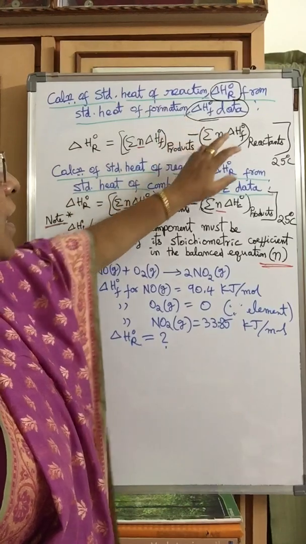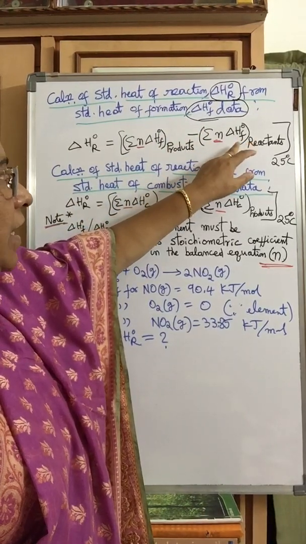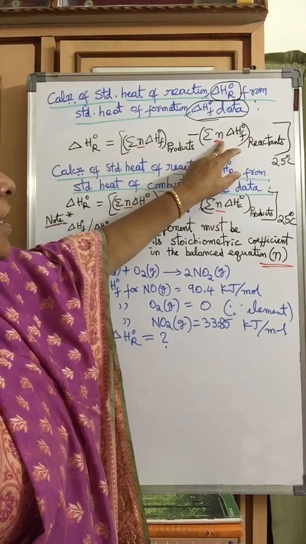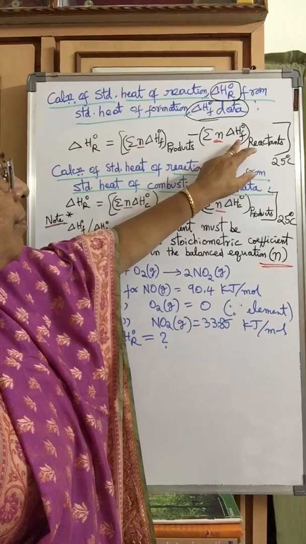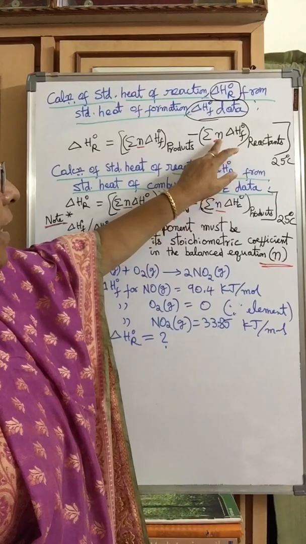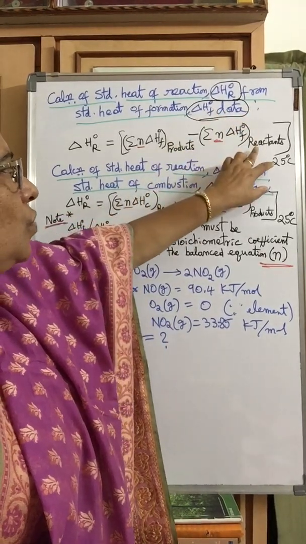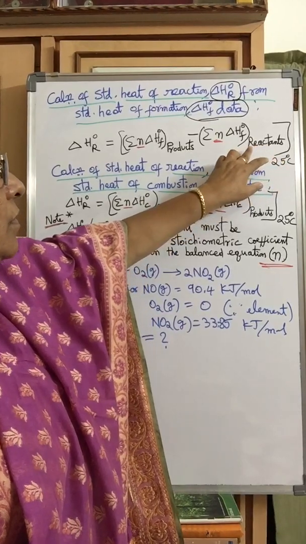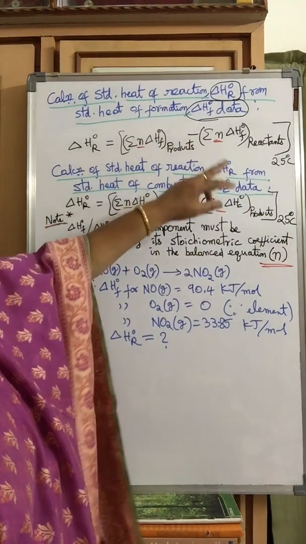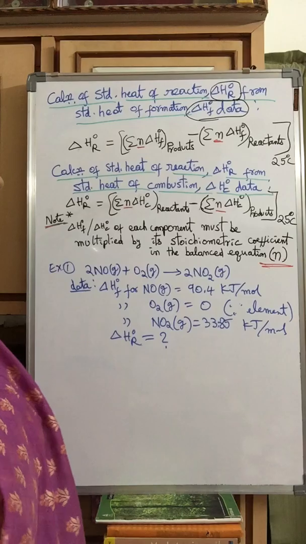In the same way, take the heat of formation of A, that is a reactant, times its stoichiometric coefficient in the balanced equation, plus the heat of formation of B multiplied by its stoichiometric coefficient. Add these two, and you get the total heat of formation of the reactants. The difference is the standard heat of reaction.